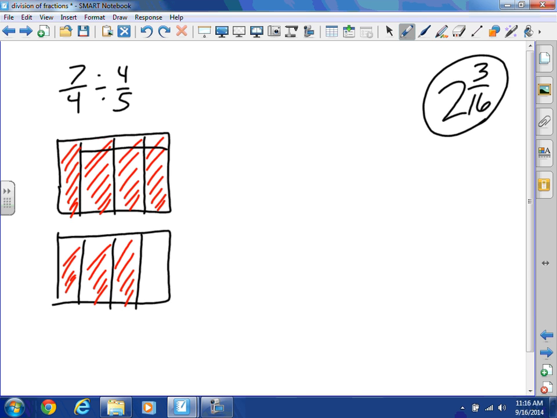So 1, 2, 3, 4. And do the same thing here: 1, 2, 3. It's still too close, so 1, 2, 3.